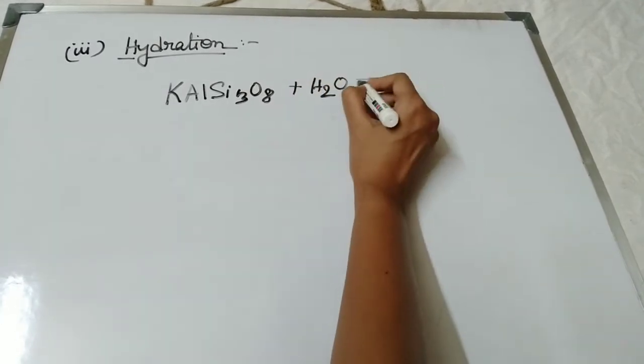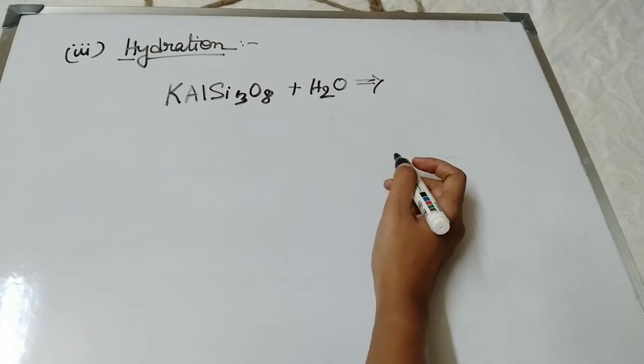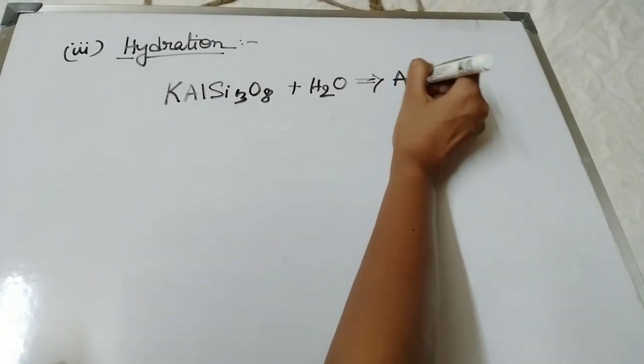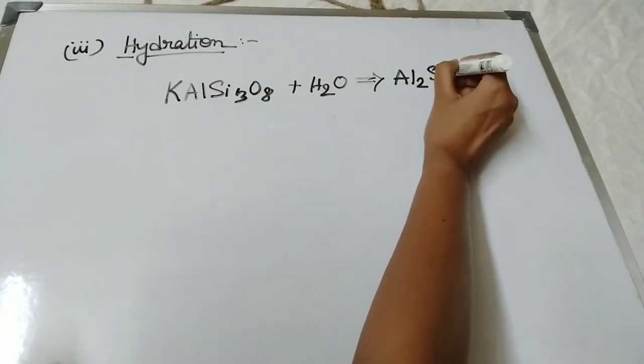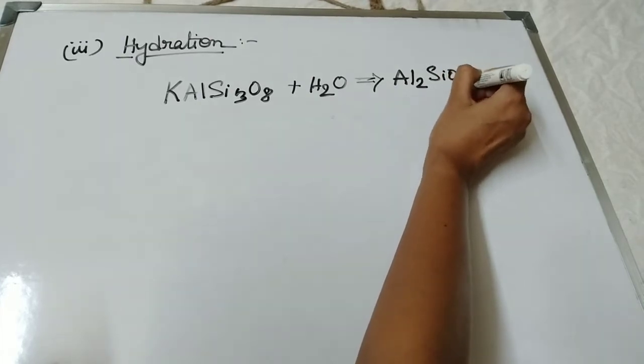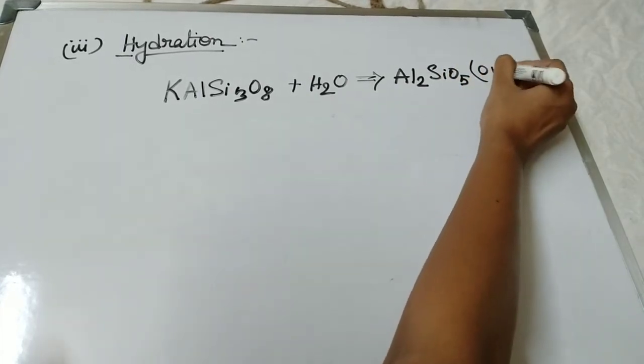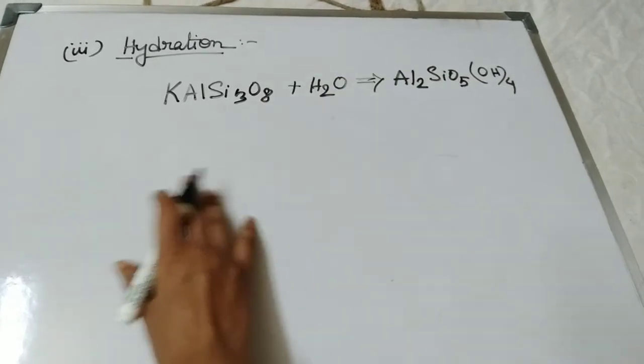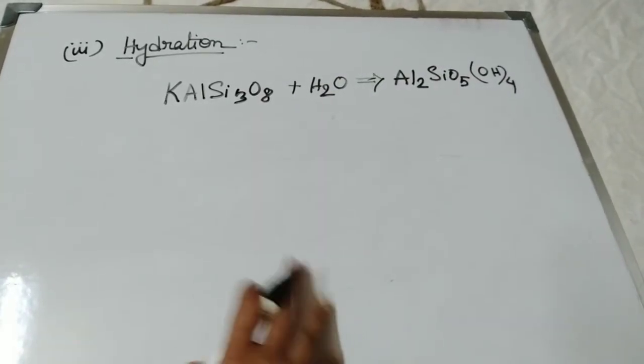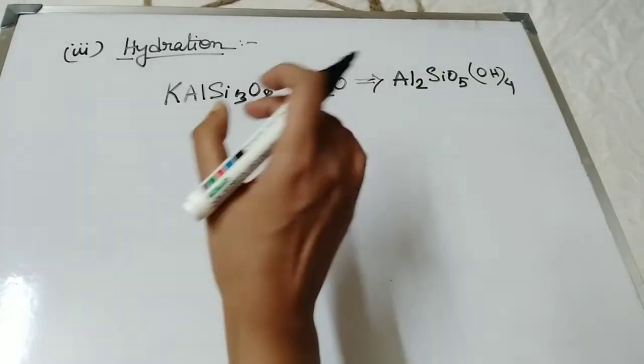Added with the rainwater, it turns into kaolin. So as you can see, this is the formula of hydration, where feldspar is reduced to kaolin due to the hydration process.